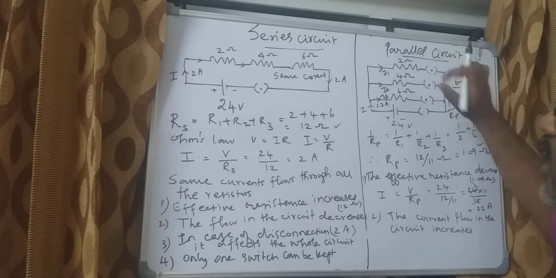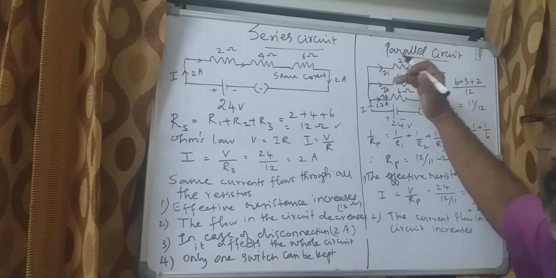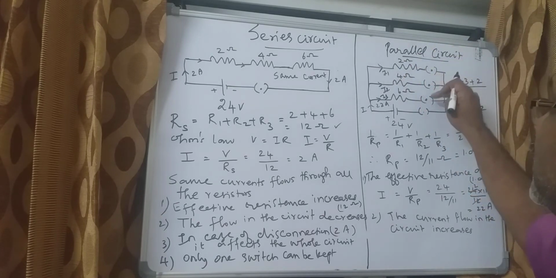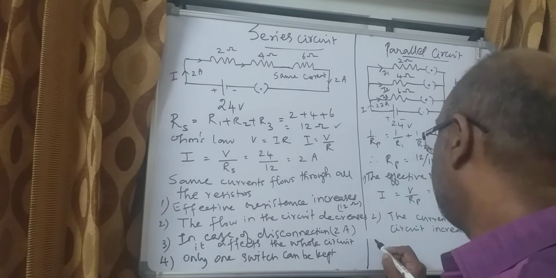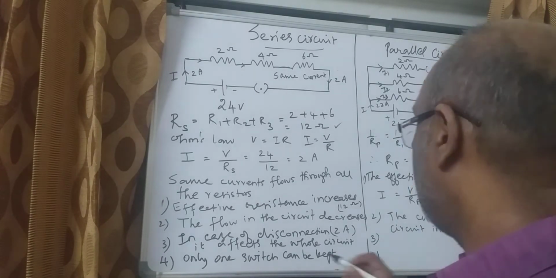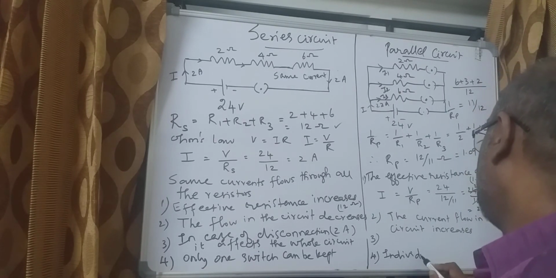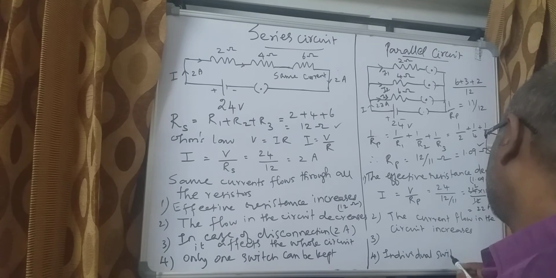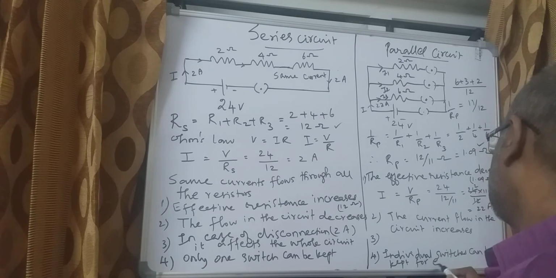Now, all the three resistances or appliances will be working if the individual switches are switched on. So, the fourth point is, individual switches can be kept for each appliance.